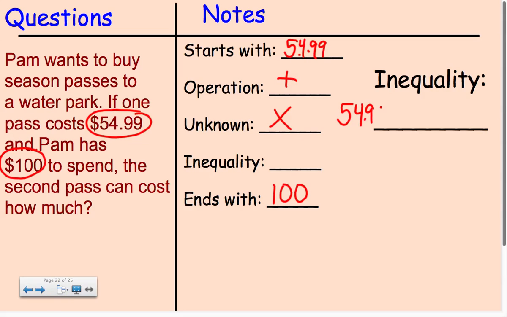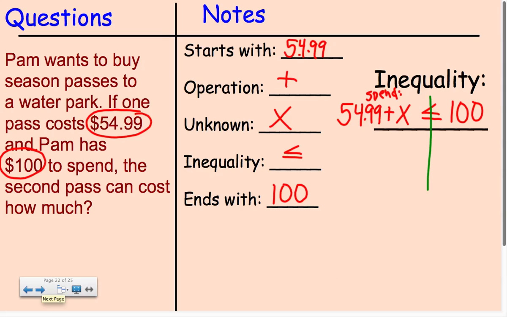$54.99 plus the price of the second pass has to be either greater than or less than $100. Well, let's think about it logically. If I have $100 to spend, I can spend exactly 100 or I can spend less than 100. So the amount I spend has to be less than or equal to 100.